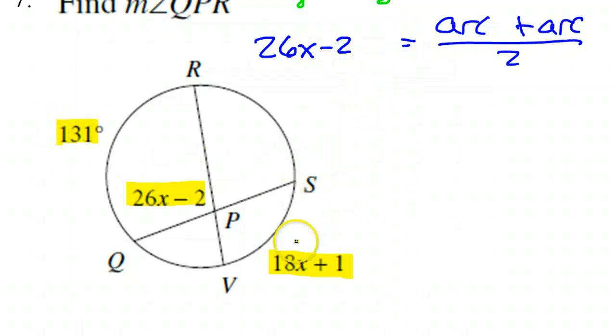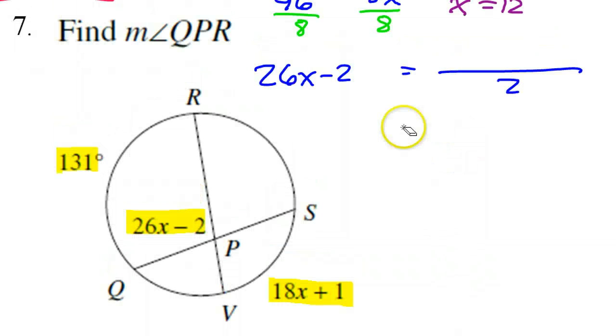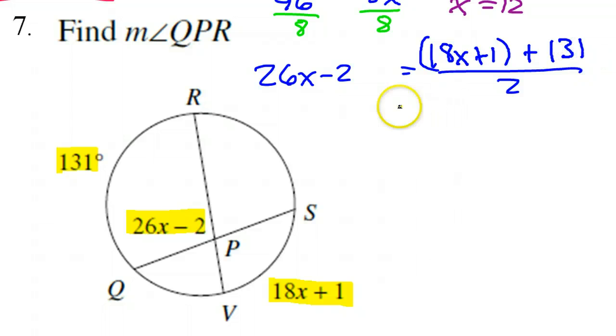And of course the other two arcs are the 131 and the 18x plus 1, plus 131. So this is the formula that has to be solved.